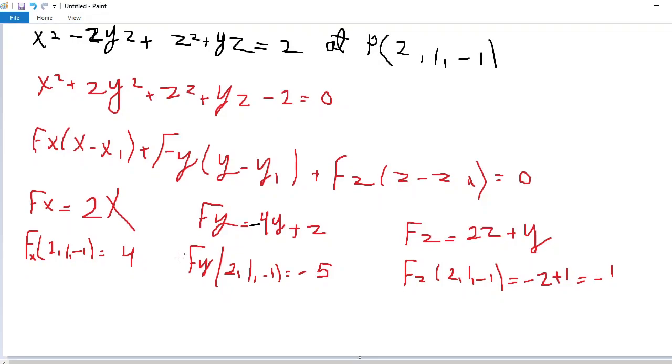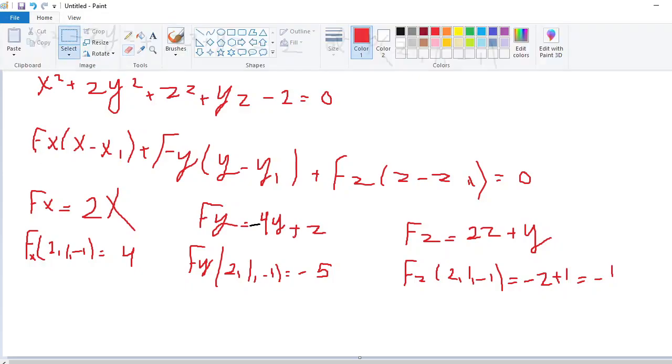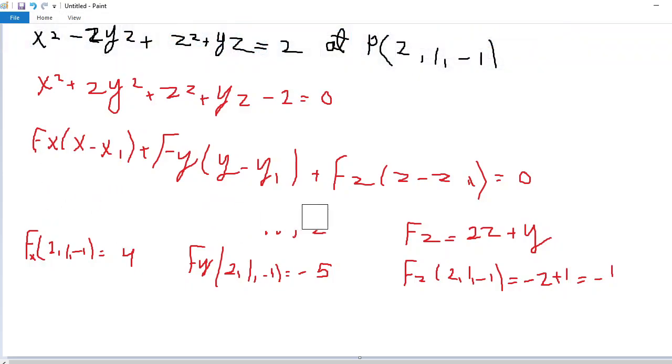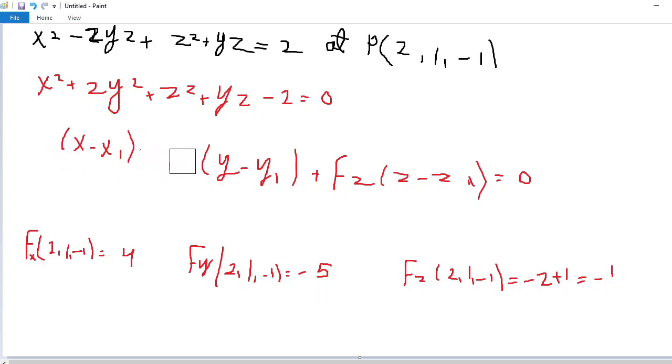So from here, we need to substitute those values and those points in the equation. Let's delete the things that we don't need to use. So the fx, I'm going to substitute with 4, and fy with negative 5, and fz with negative 1.